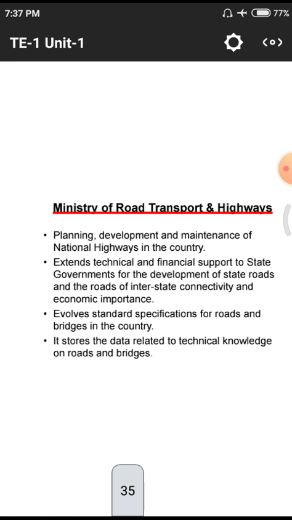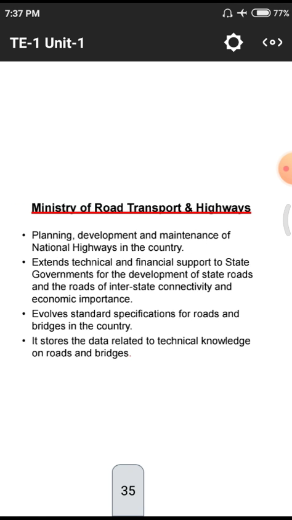We'll go to the next slide. Next one is the Ministry of Road Transport and Highways. These ministries allocate the funds coming from the central level. Those funds have to be utilized for the planning and development of different national highways and state highways, so that we improve the density of roads in a particular area.